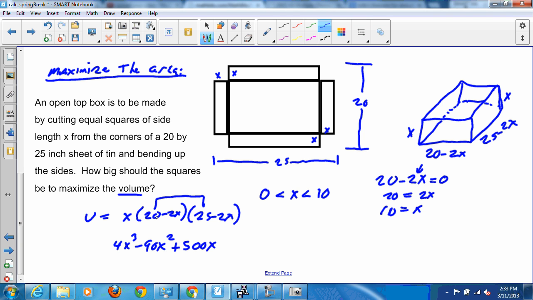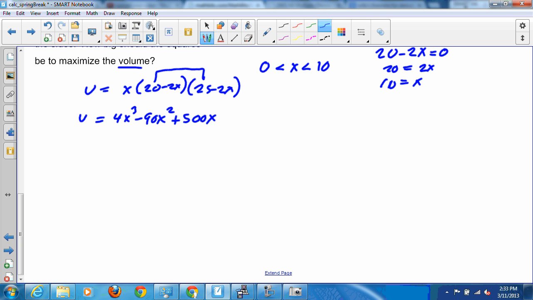Okay, yeah, that looks right. So the volume formula is here. And now we're going to take the derivative of volume with respect to x, and we're going to get 12x squared minus 180x plus 500.